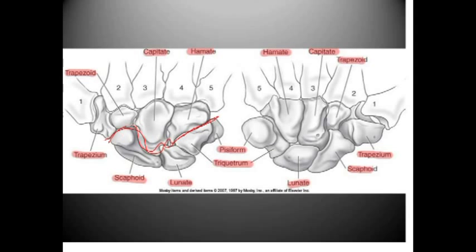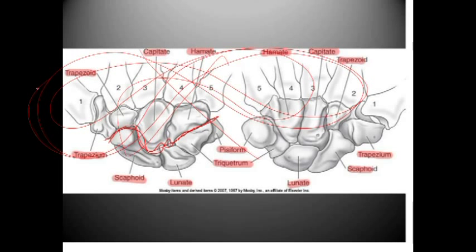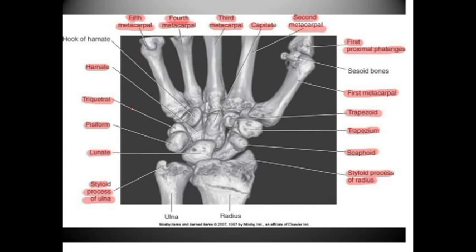We see the more proximal row contains the scaphoid, lunate, and here we see pretty much the distal radius and ulna, as well as the carpals and the proximal portion of most of the hand.